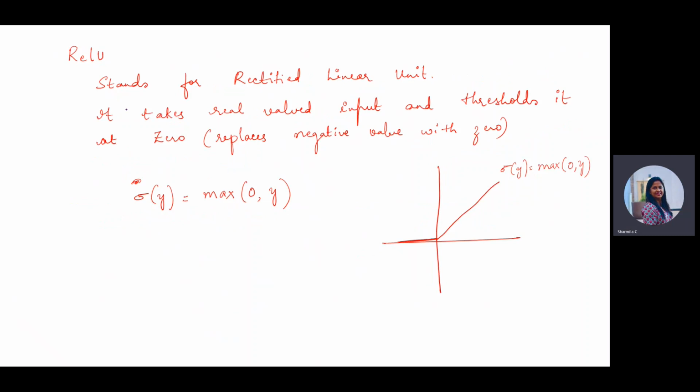Moving to the next one, we have the ReLU activation function, which stands for rectified linear unit. It takes a real valued input and thresholds it at 0, replacing negative values with 0. So when this sum is processed through this activation function, the rectified linear unit, we consider the maximum of 0 comma y.